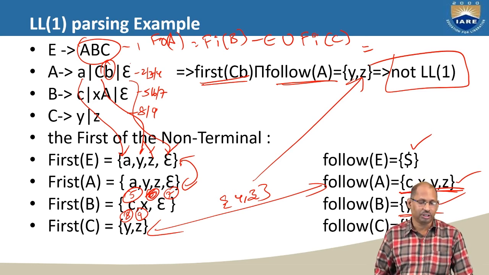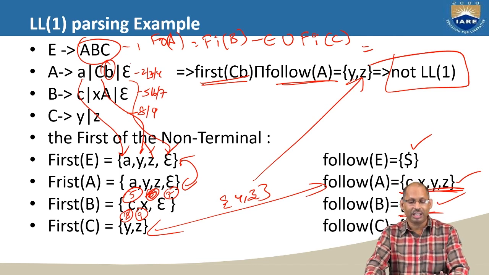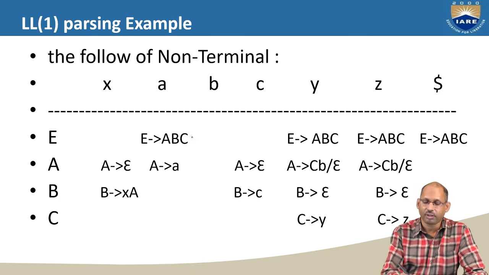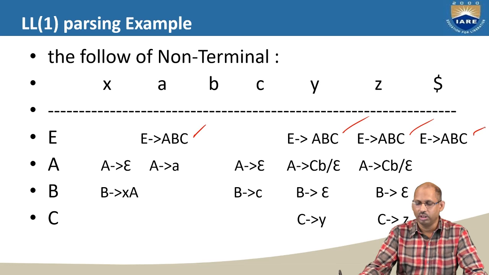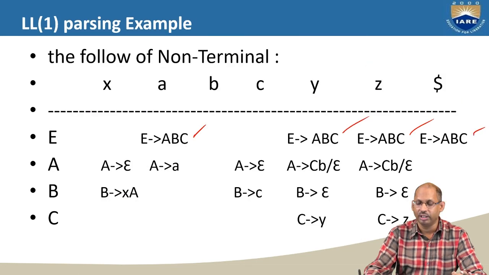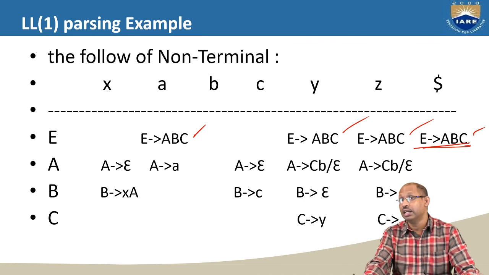For the first production, first of A, Z, epsilon. Since epsilon, we have to consider follow of E. So first of E is first of A, and also we have to consider follow of E, since it has epsilon.